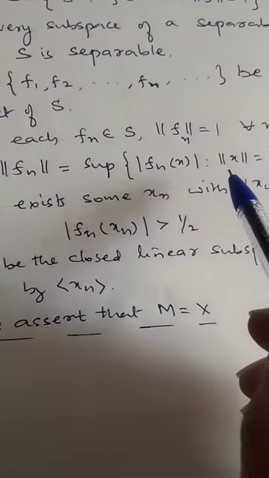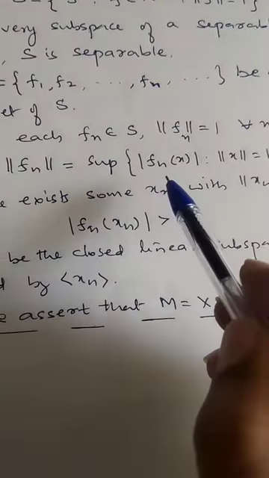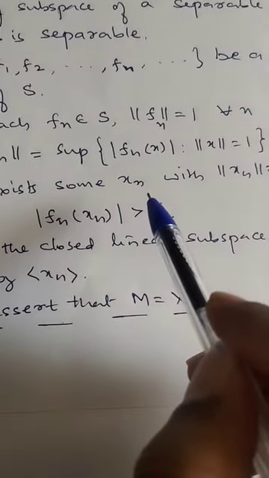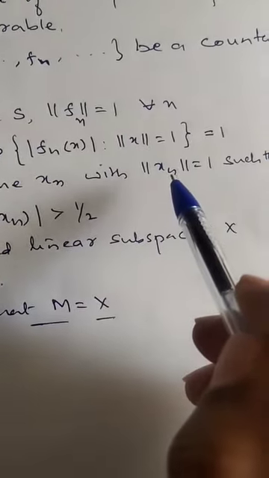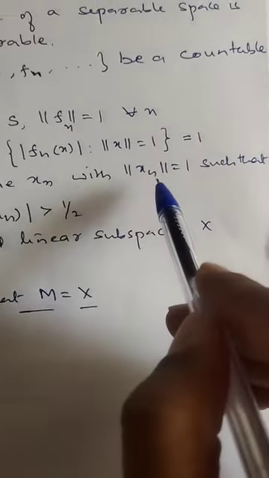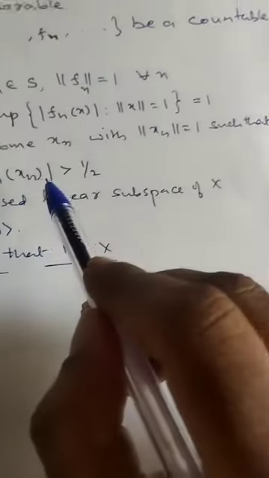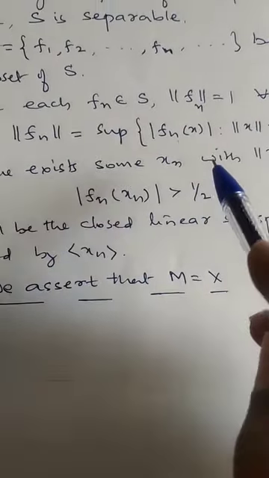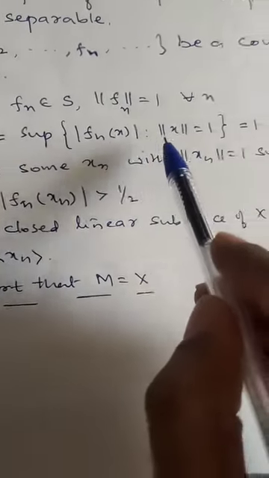Now the supremum being equal to 1 means that there exists some xn with norm of xn equal to 1 such that mod of fn of xn is greater than or equal to 1 by 2, because the supremum of all these values is 1.